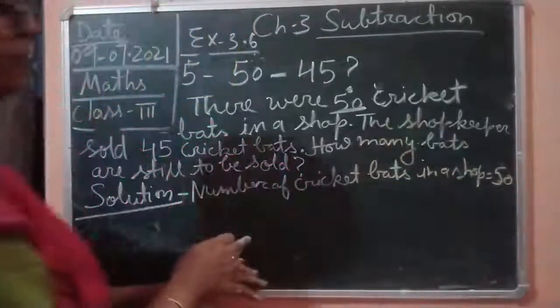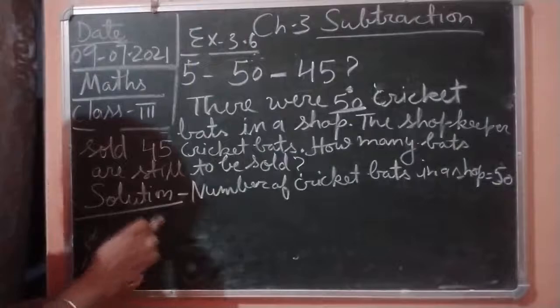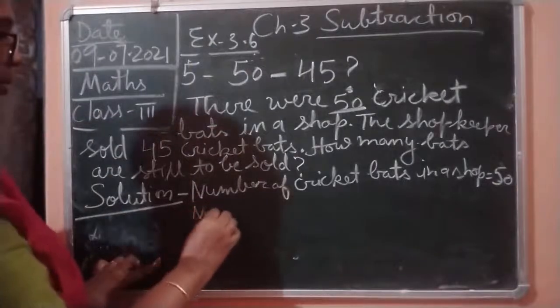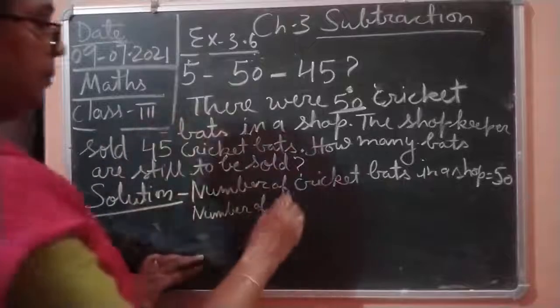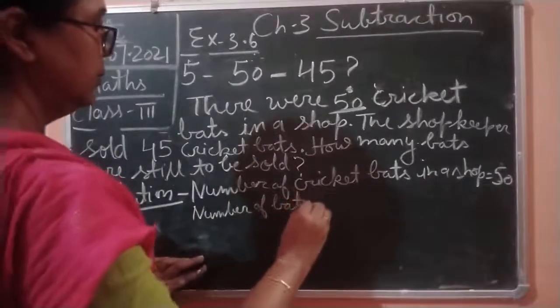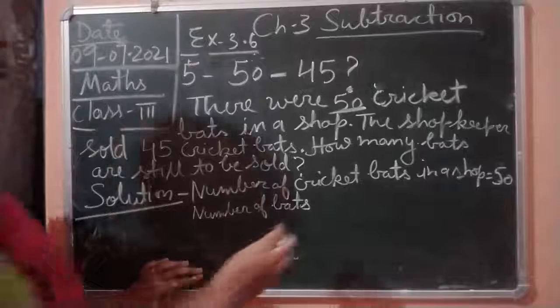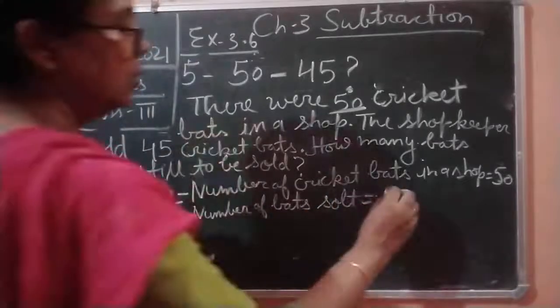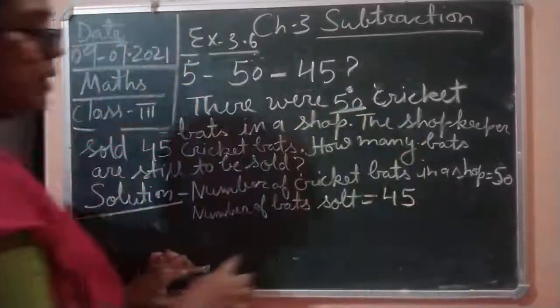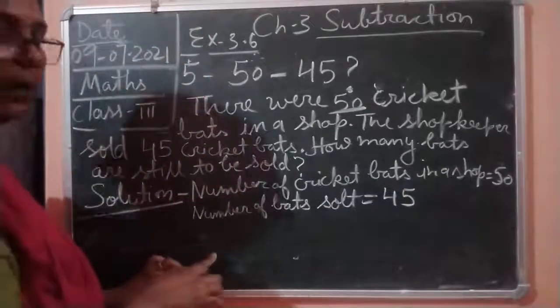Okay, we will write 50. So now here number of bats sold equal to 45. Okay, इतने बैट बिक गए.